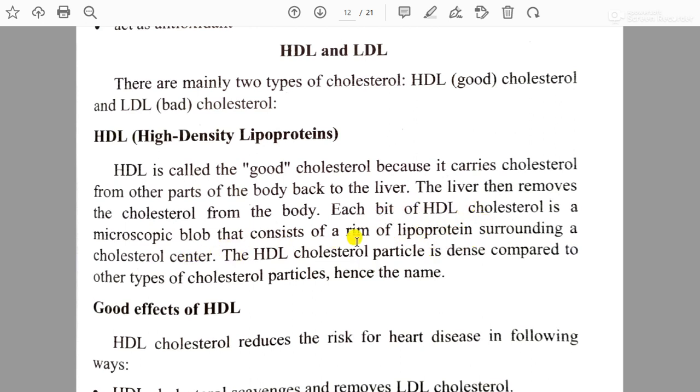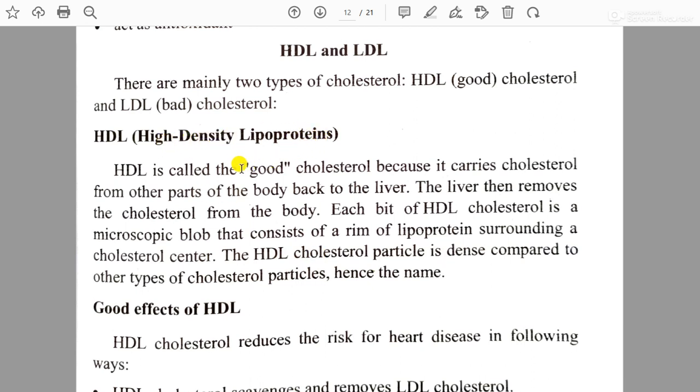These two together form microscopic blobs. That is how HDL occurs inside the human body. And the HDL cholesterol particle is dense compared to other types of cholesterol particles. Therefore, it is called high density lipoprotein.